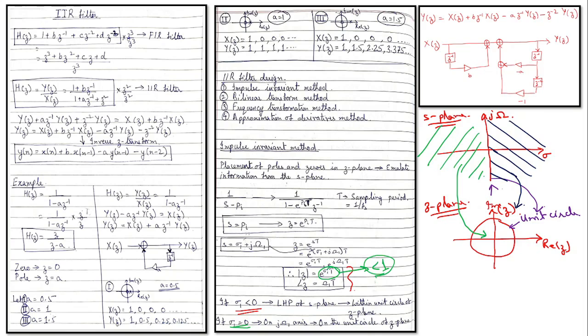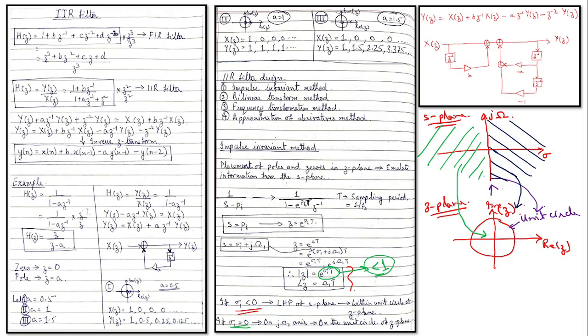Okay, so this is the criteria, and if we remember the stability criteria for the digital filter, which we studied during our initial days while we started the digital filter designing, over there we discussed that if you want to design a stable digital filter, the left hand plane should be mapped into the unit circle.